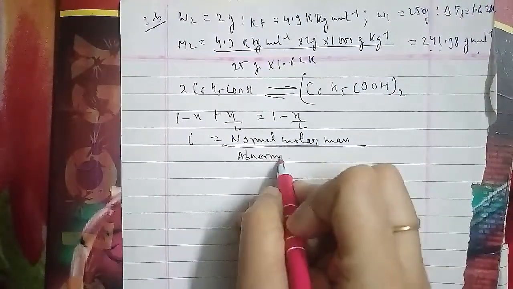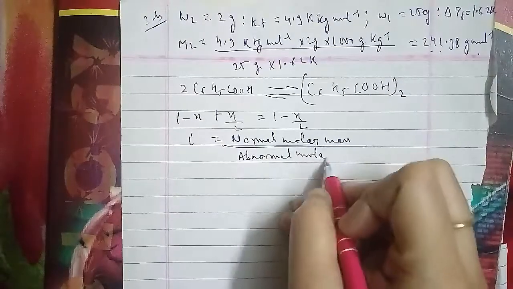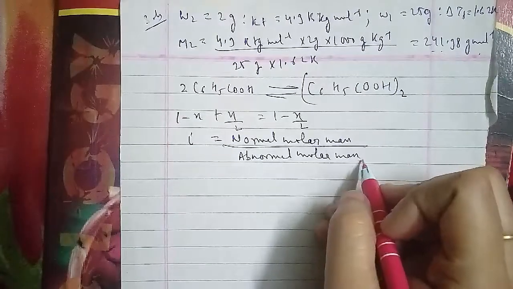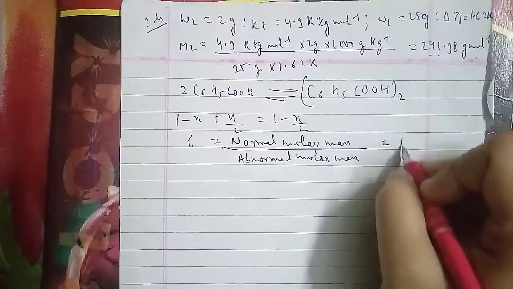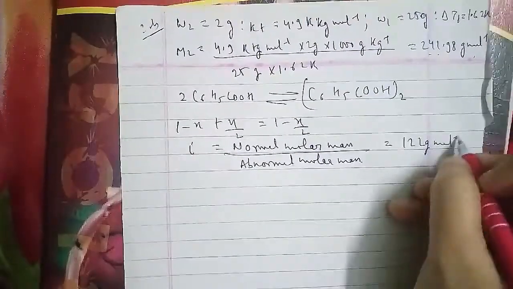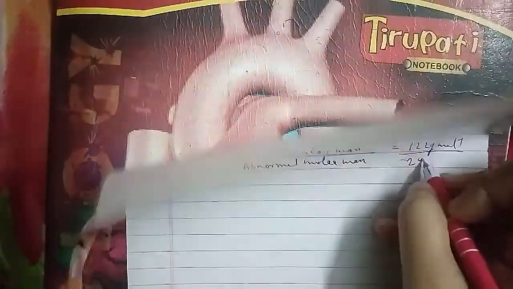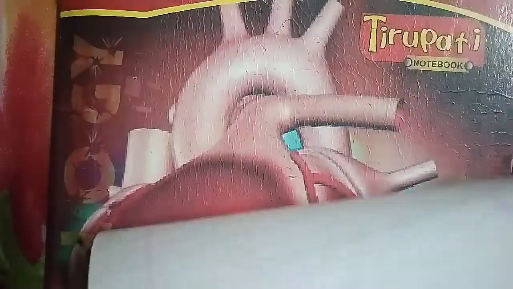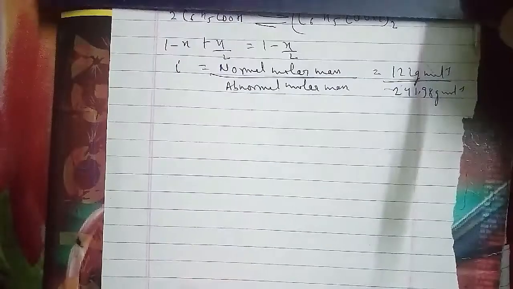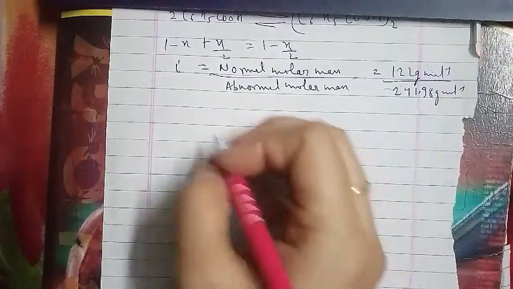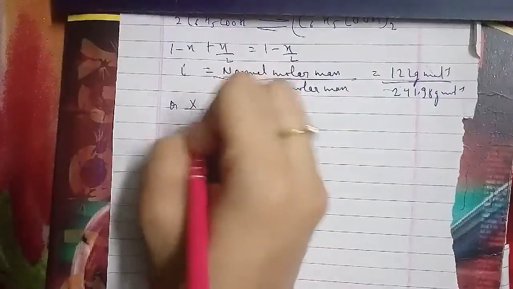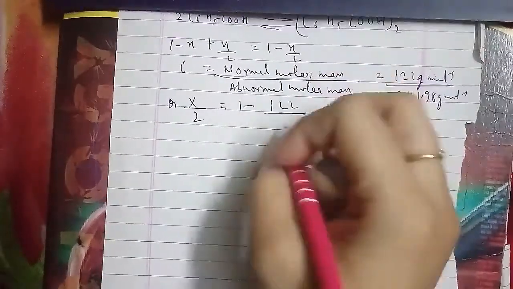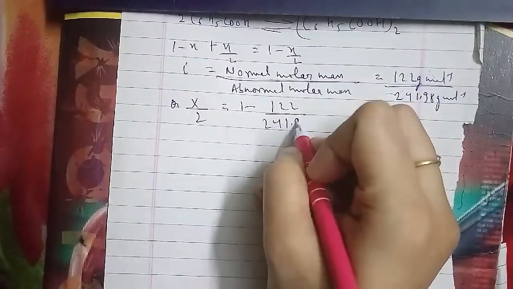Putting in the values, that is 122 gram mol inverse upon 241.98 gram mol inverse, so x by 2 equals 1 minus 122 upon 241.98, which equals 1 minus 0.504, which equals 0.496.